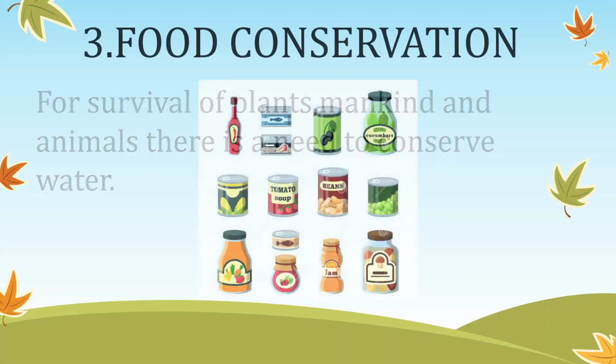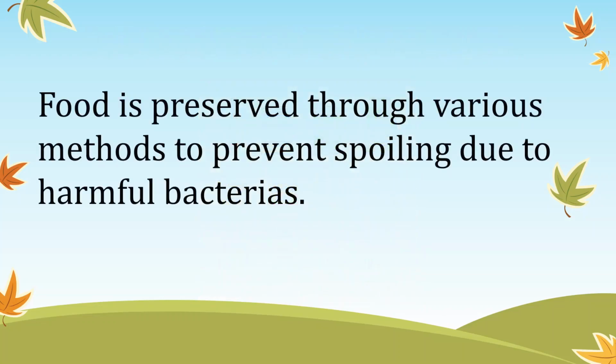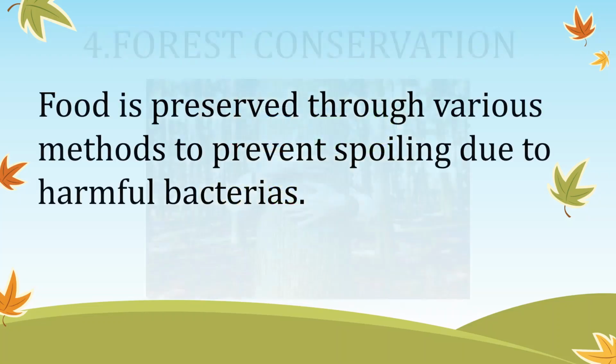Third, food conservation. As human beings, as any animals, all of them need food to survive. Food is preserved through various methods to prevent spoilage due to harmful bacteria. It can be by pickling, making jams, making sauce, by drying the materials, etc. Then forest conservation.